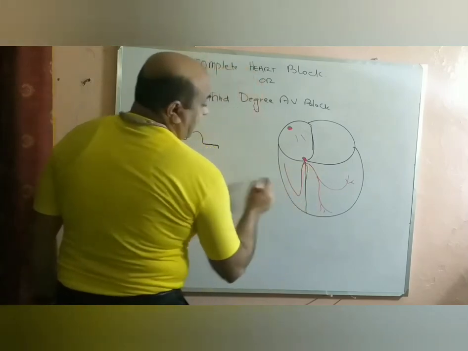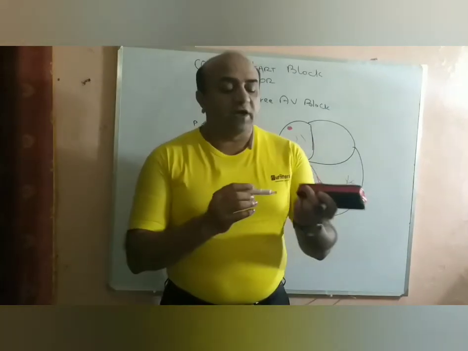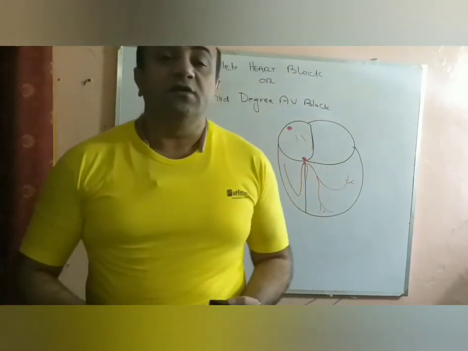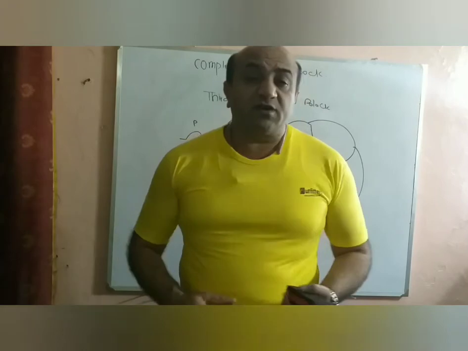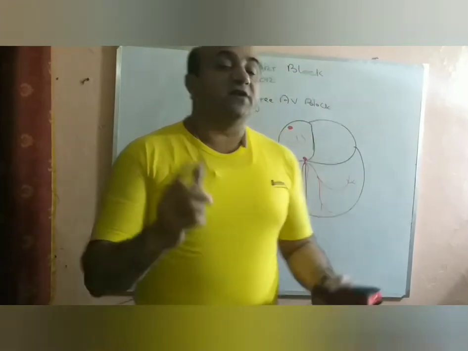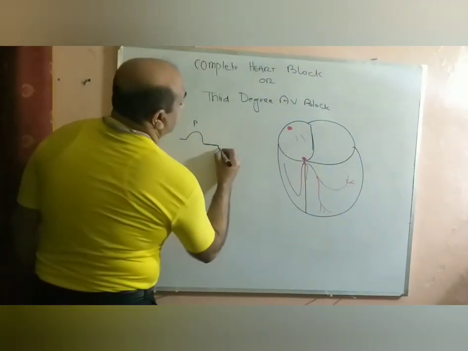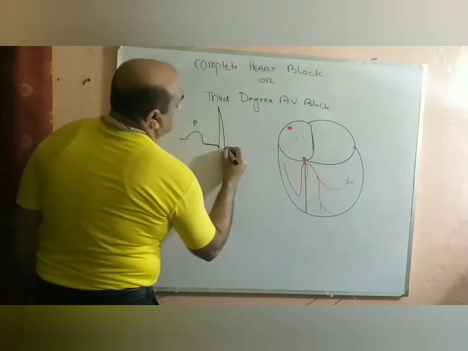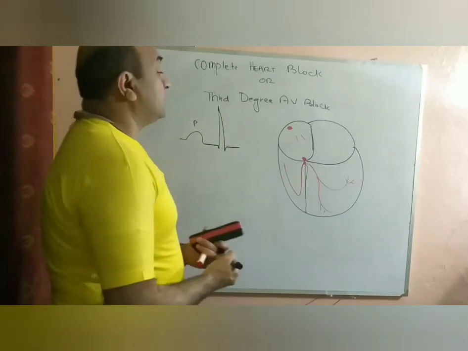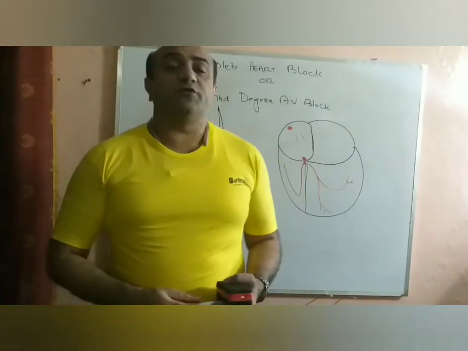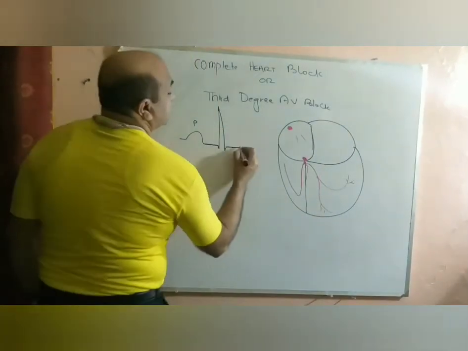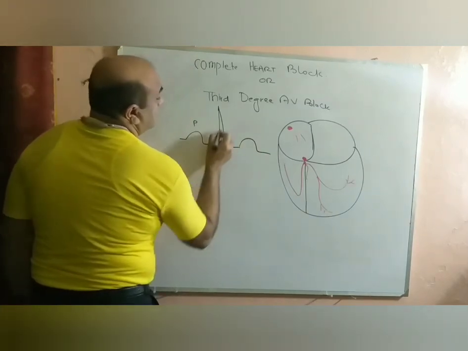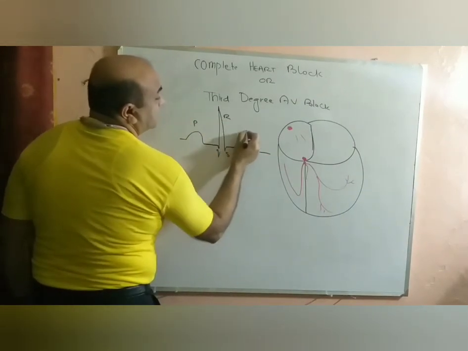The right bundle branch and left bundle branch have Purkinje fibers at their ends, which are embedded into the ventricular muscle, and this ventricular muscle is then depolarized, and this generates a QRS complex. Then there is repolarization of the ventricular muscle, which generates a T wave. So this is P, this is Q, R, S, and this is T.